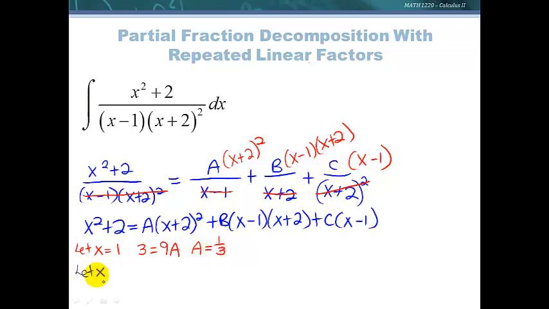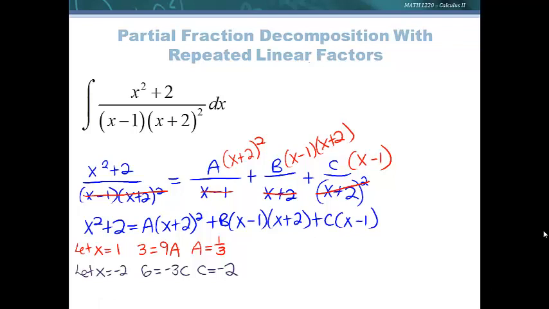Let's let x equal negative 2. Negative 2 squared is 4, plus 2 is 6, equals, negative 2 will zero this out, and negative 2 will zero this out, negative 2 minus 1 is negative 3c. So it looks like c equals negative 2. That's great, but how are we going to find b?